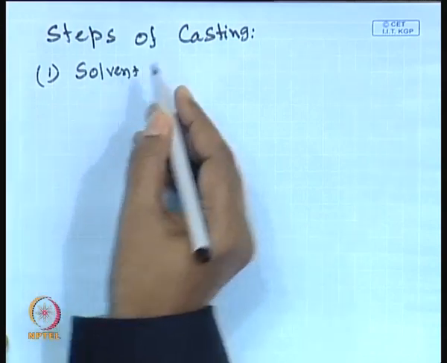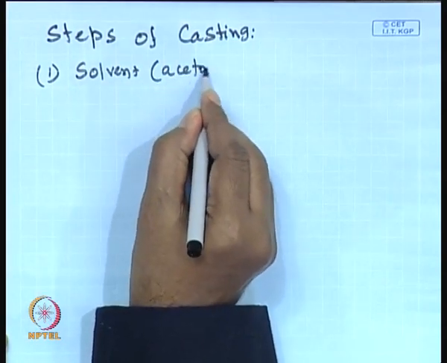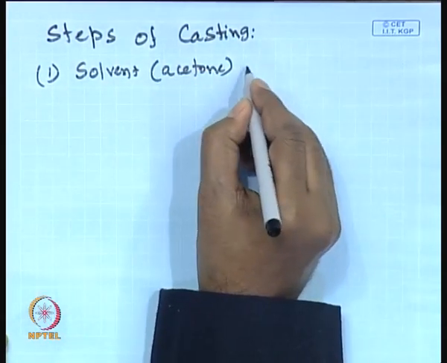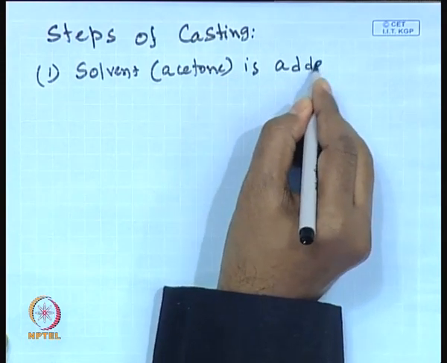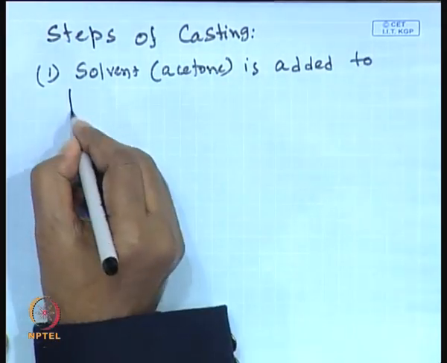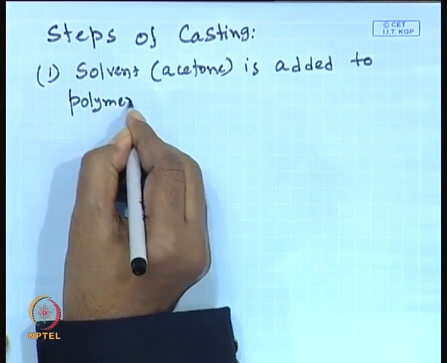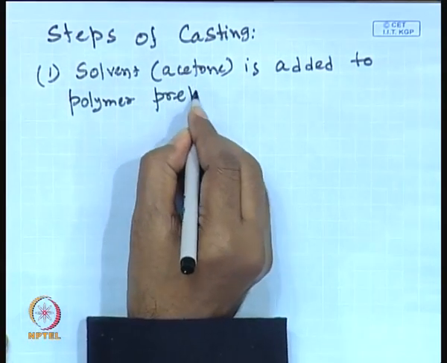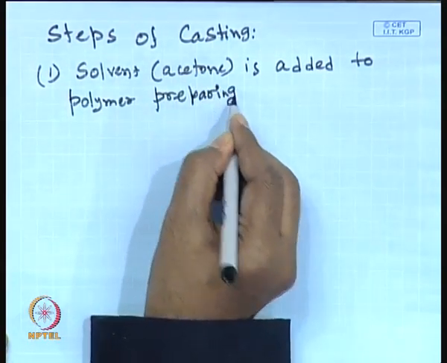Solvent. A typical solvent, acetone, is added to the polymer, preparing a viscous solution.